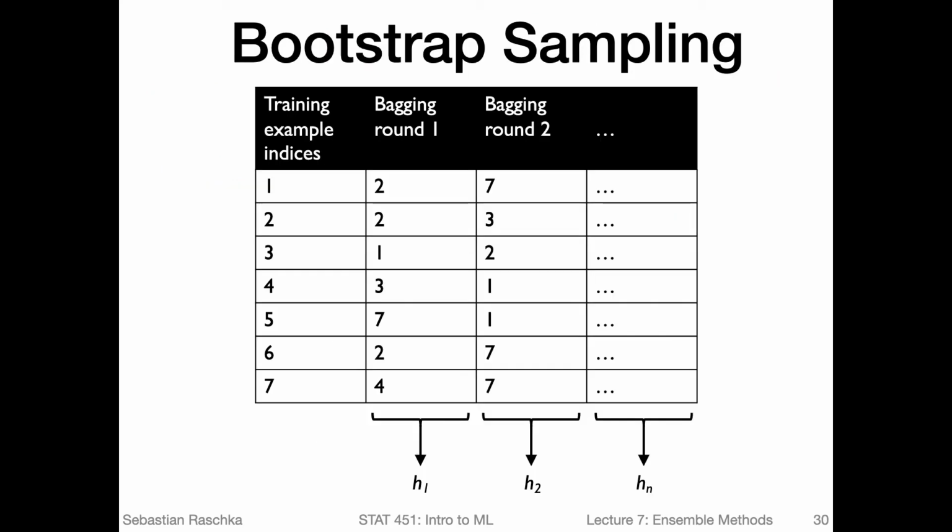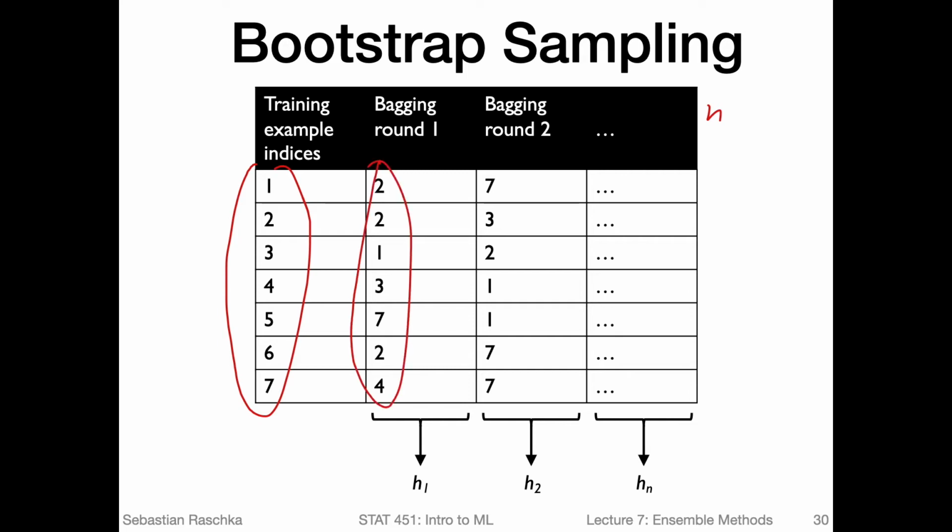So here's another visual illustrating the bootstrap sampling in the bagging procedure. We do the bootstrap sampling multiple rounds. So we said earlier that we do this n rounds if we have n classifiers. Given a data set, let's say we only consider the training indices, so we have 1 to 7, a data set of 7 data points.